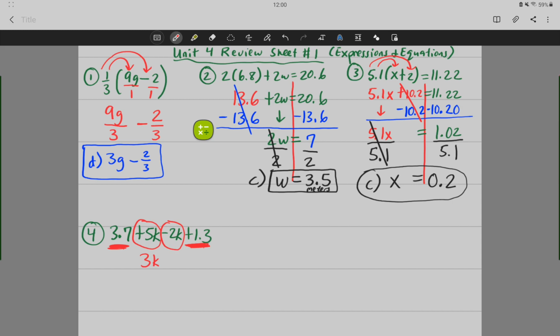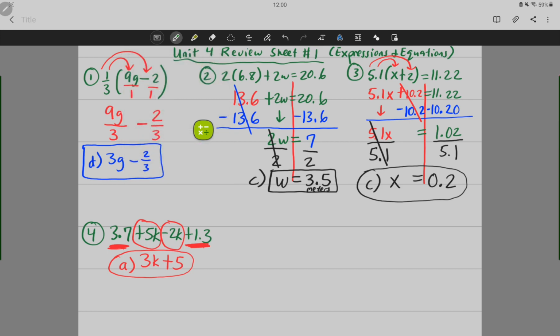So I circled one group of like terms and underlined another pair. Again, you can do whatever you want. You can draw a triangle, a box, a circle, underline, whatever. Just make sure that you keep the different like terms separate. So now I'm going to do the underline part, 3.7 plus 1.3, which just gives me a positive 5. So our answer is 3k plus 5.